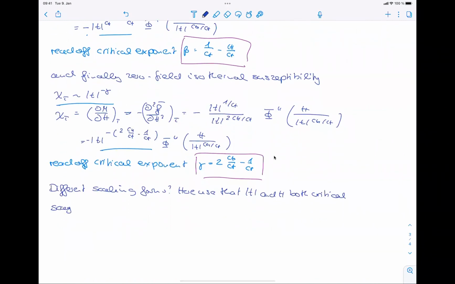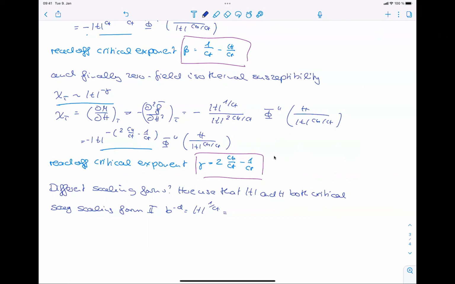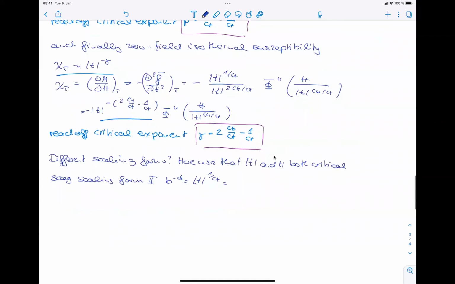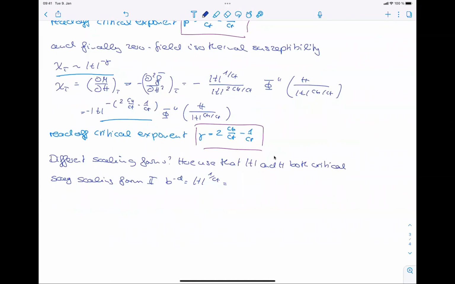And that can be done by scaling form 2, where we choose b to the minus d to be equal to h to the minus 1 over c_h.